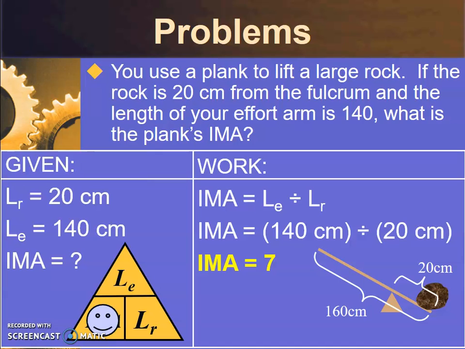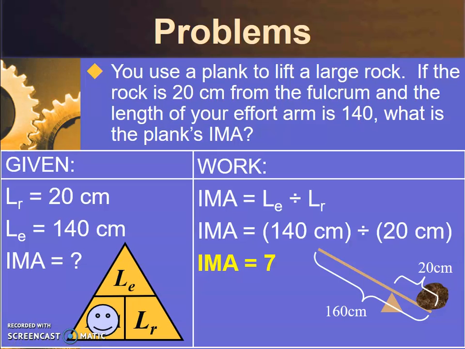And remember, mechanical advantage never has a unit. In this case, I did not have to do any converting since both of these were the same unit, and there should be a unit there. That's my typo. That should say centimeters. If they are the same unit, then you can just plug it into the equation.